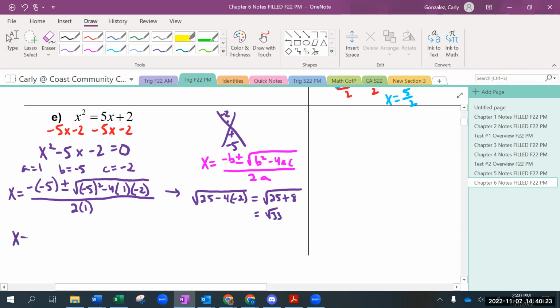Now I'll put it back in: negative of -5 is just +5 plus or minus the square root of 33, all over 2. Since we cannot simplify that any further, we are now done.